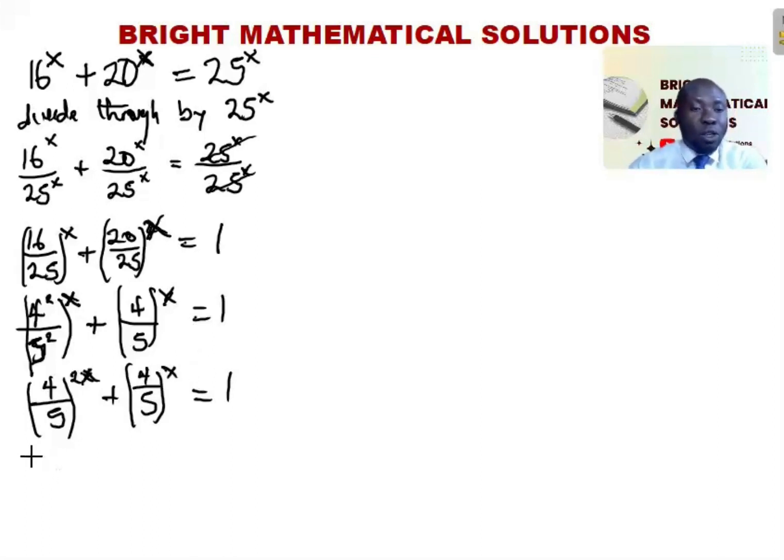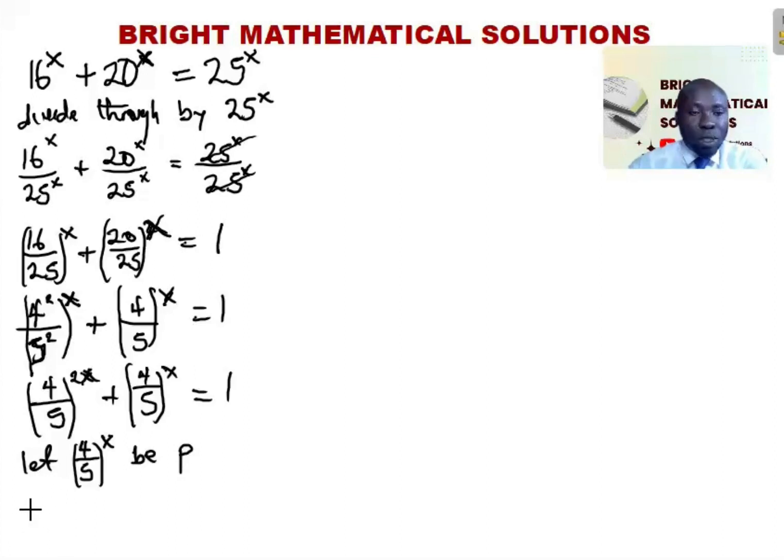By representation we can simplify it so that we represent this fraction by an unknown. So let's say 4 over 5 raised to the power of x be p, or any value that you can work with. You can use y, you can use a, you can use z, whatever.